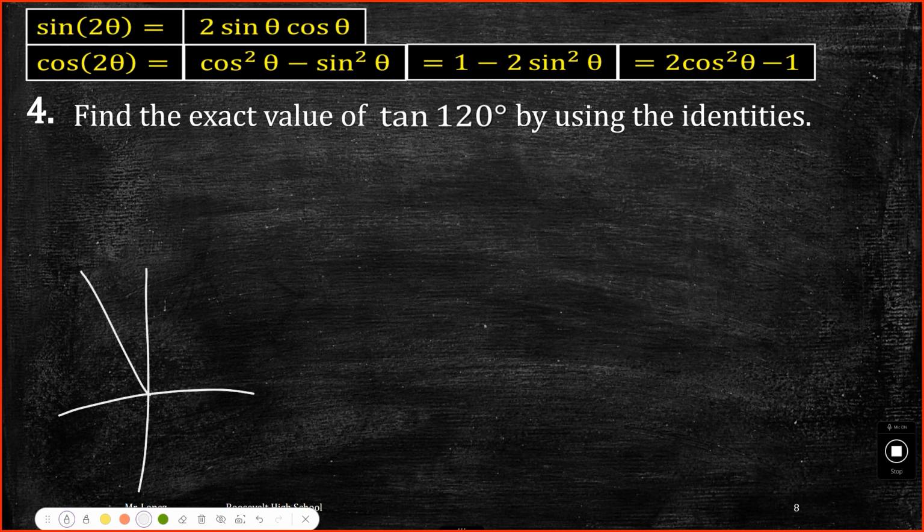So I'm right here, and then you get the reference triangle there. This is 60, radical 3, 1, that's negative, and 2. Tangent is opposite over adjacent, so it's going to be negative root 3. We just want to make sure that it is negative root 3, the answer. Find the exact value of that by using one of the identities.